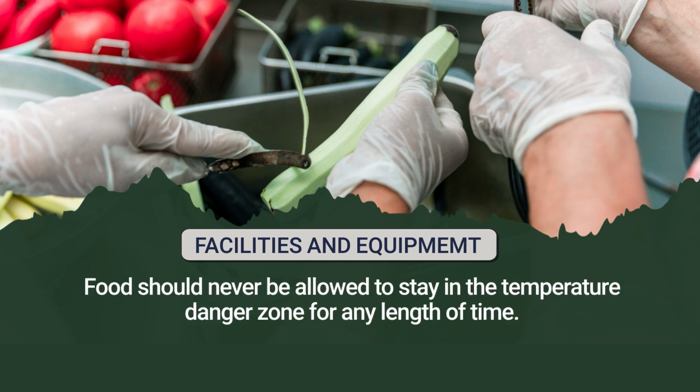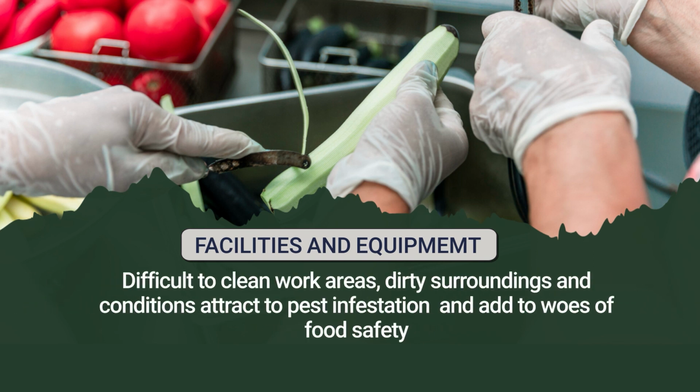The temperature danger zone should not be there for a long time; food should not stay there. Then difficult areas to clean, dirty surroundings, and pest infestation create problems in reference to food safety.